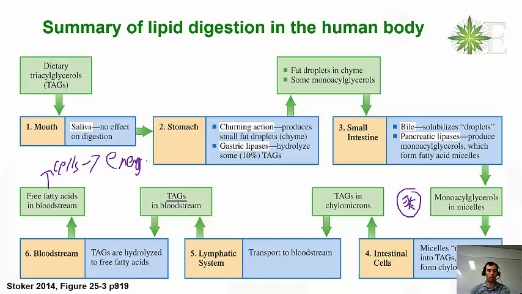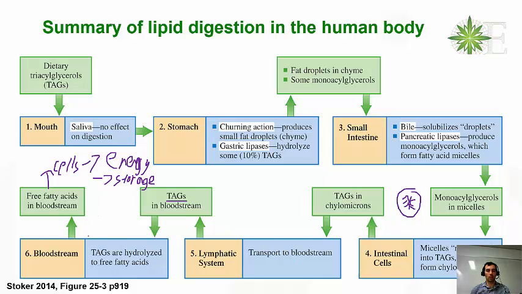or possibly for storage. So there are a lot of different steps here, but the most important processes occur in the small intestine. This is where we're getting the majority of the breakdown and the repackaging, which allows us to go from the small intestine into the lymph and then into the blood.